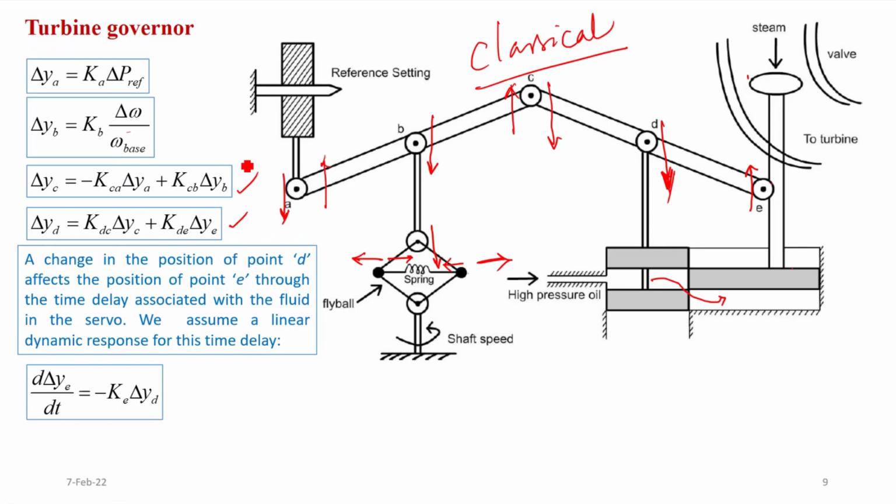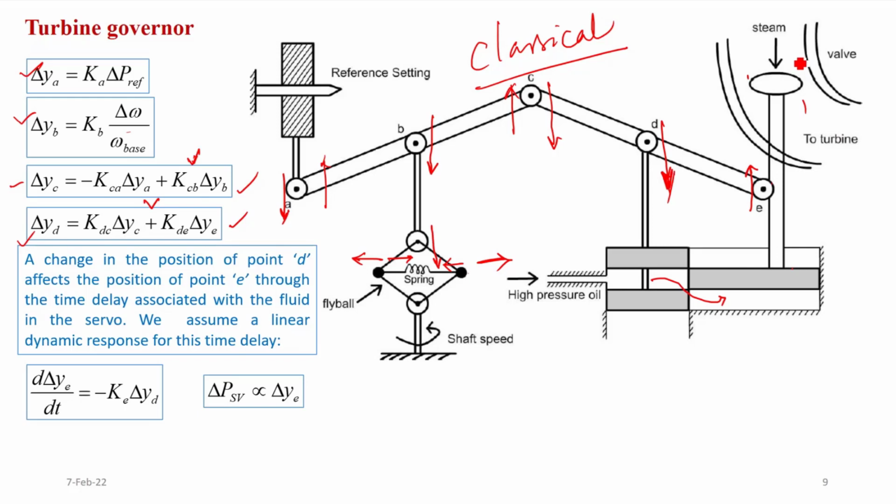The earlier equations are written based on the instantaneous response, right? But this equation I'm writing as a differential equation because it is not instantaneous, some time delay is involved in it, right?